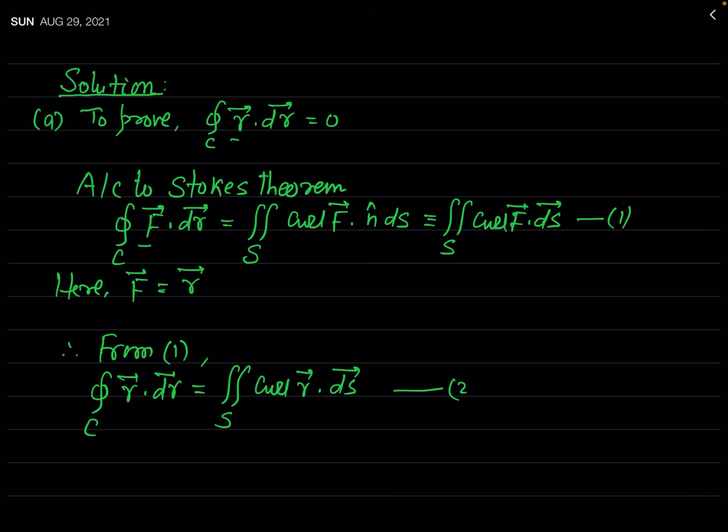Now you know curl of r will be 0 because vector r is an irrotational vector. For your convenience, I am just proving that curl of r is equal to 0. So you can find it.